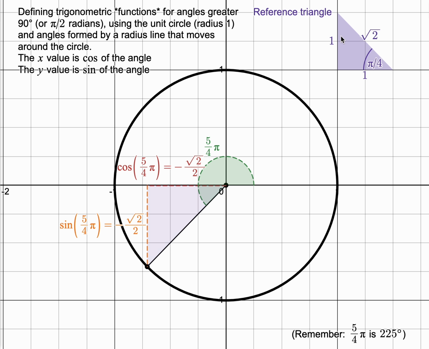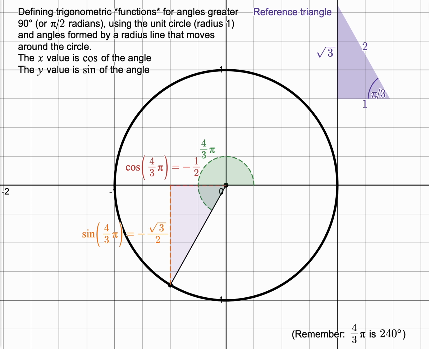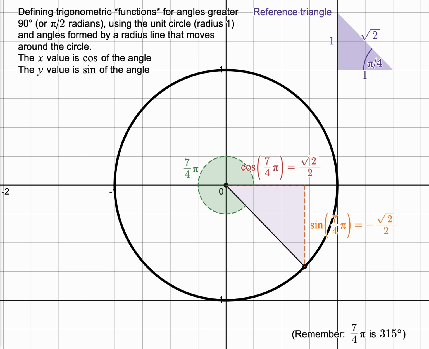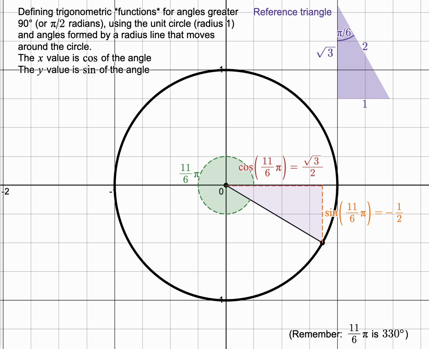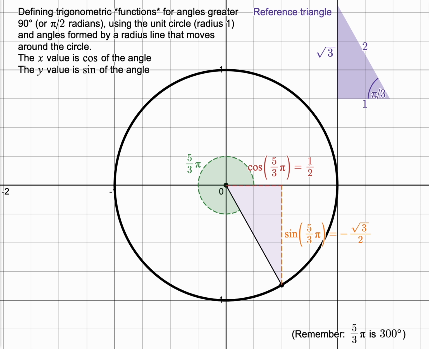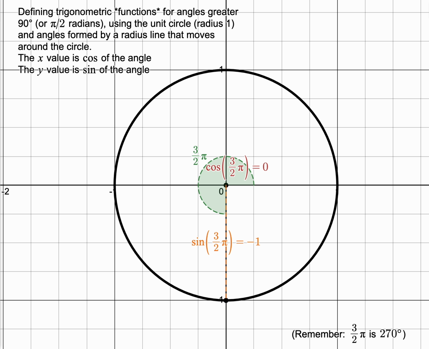It's going to be similar to one of our standard or special triangles, and that's going to help you figure out the length of those sides. Which gives you the cosine, by definition, as the x-coordinate, and the sine as the y-coordinate. Again, moving on around the circle, we see the same thing happen.